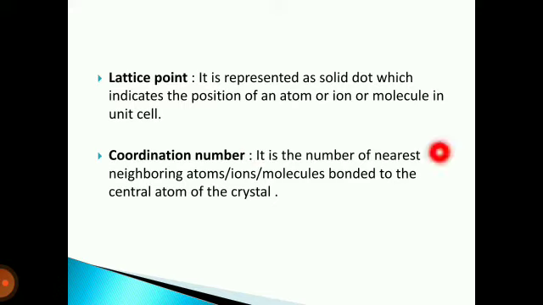The next term is coordination number. It is the number of nearest neighboring atoms, ions, or molecules bonded to the central atom of the crystal. So coordination number is the number with which the central atom of the crystal is bonded.